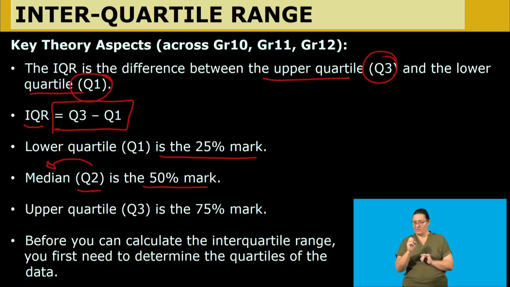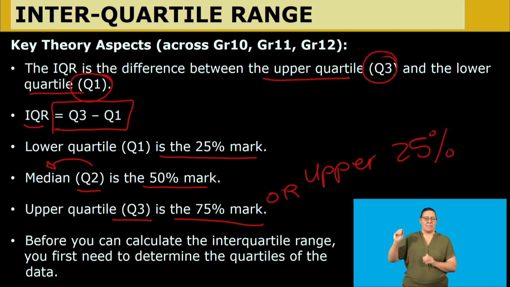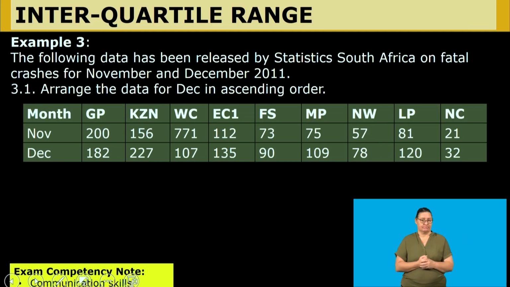The upper quartile, which is also known as Q3, is your 75% mark of your data set, or it is your upper 25% mark of your data set. Before you can calculate the interquartile range, you first need to determine the quartiles of the data. And how do we do that?